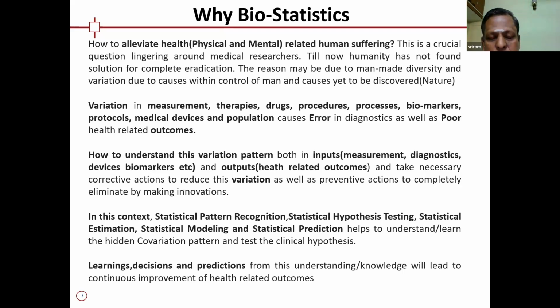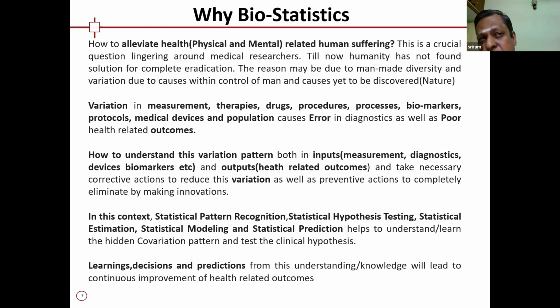But how do we understand this variation pattern, both in inputs and outputs? Inputs are measurements and diagnostic devices; these are all the inputs which are in our control. And outputs are health-related, mainly diseases, or non-health-related, like waiting time in a hospital. Waiting time is very painful for all patients.